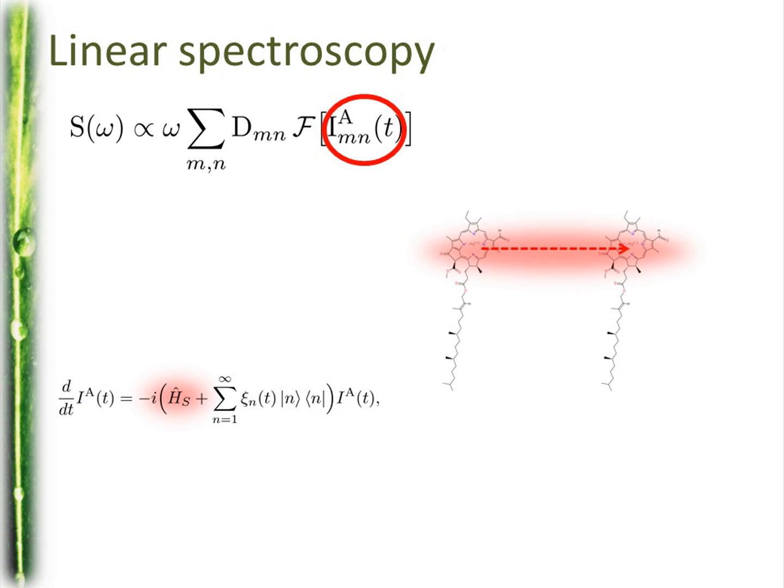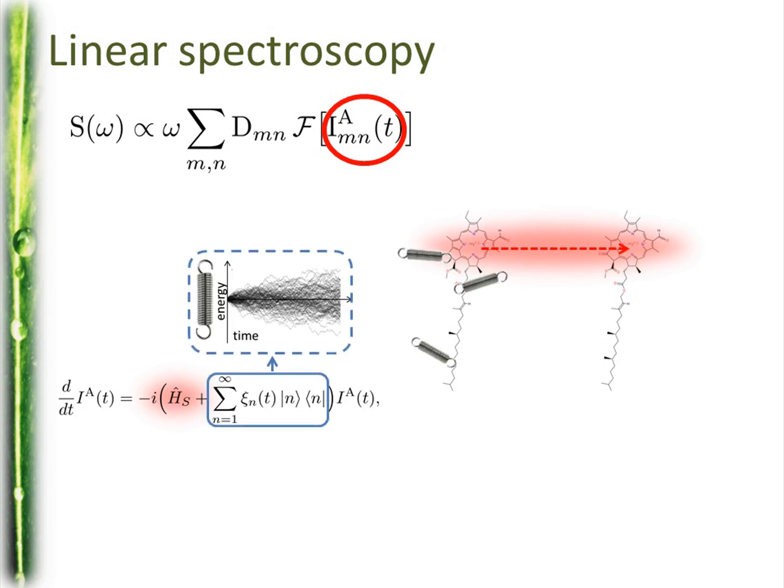The absorption due to the unitary dynamics of exciton states is described by the first deterministic part, while the second part of the equation describes the stochastic tugs and pulls on the energies of pigment molecules due to interaction with the many nuclear vibrational modes. We can use stochastic integration and Monte Carlo averaging to calculate the spectral tensor numerically and nearly exactly.